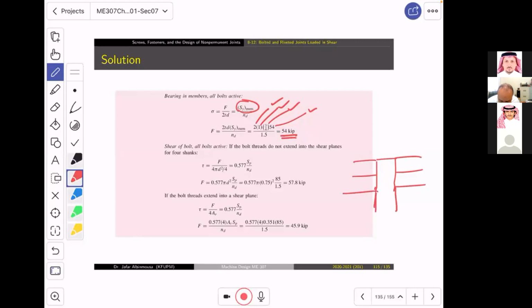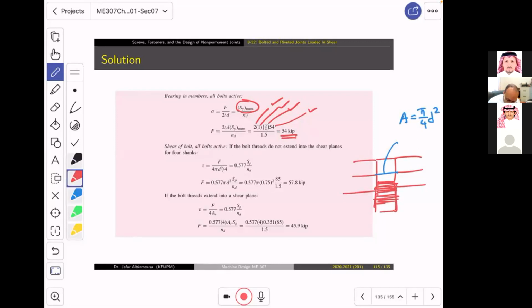So this is the thread. The thread might be here, but the shearing is happening right there. So if it is happening right there, we have the area equal to pi over 4 d squared.